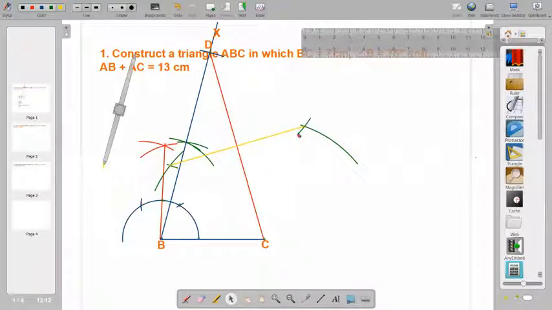Now, where this perpendicular bisector intersects BD, that point you take as A. So this we have taken as A. This is A. If you want, you can observe where it is A. I am taking a pen in red color, and here I am identifying the point. You can observe this is A.